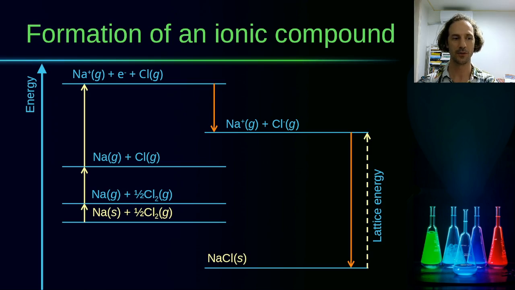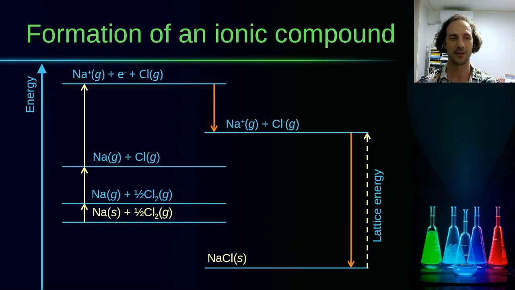You can see that even though to create this ionic compound from the elements, we had to put in a lot of energy just ionizing the sodium, we don't really get the investment of energy back just by the electron being captured by the chlorine atoms. To get the energy investment back, the actual ionic solid compound has to form.